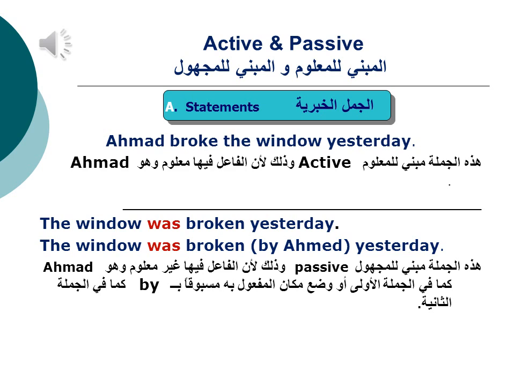Now let's start with statements, how we change statements into passive voice. Let's look at the sentence, Ahmed broke the window yesterday. Now this is an active statement because we know who broke the window.